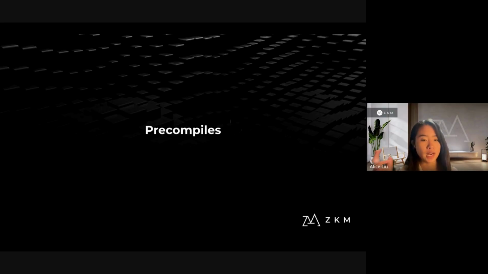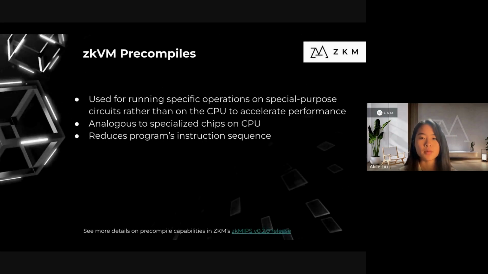zkM and Ziren specifically also offer precompiles. Precompiles are used for running specific operations, like for example a hashing algorithm, on special purpose circuits rather than on the CPU itself to accelerate performance. Precompiles are like particular circuits that can encode some type of cryptographic operation, and it's analogous to having a specialized chip on your CPU.